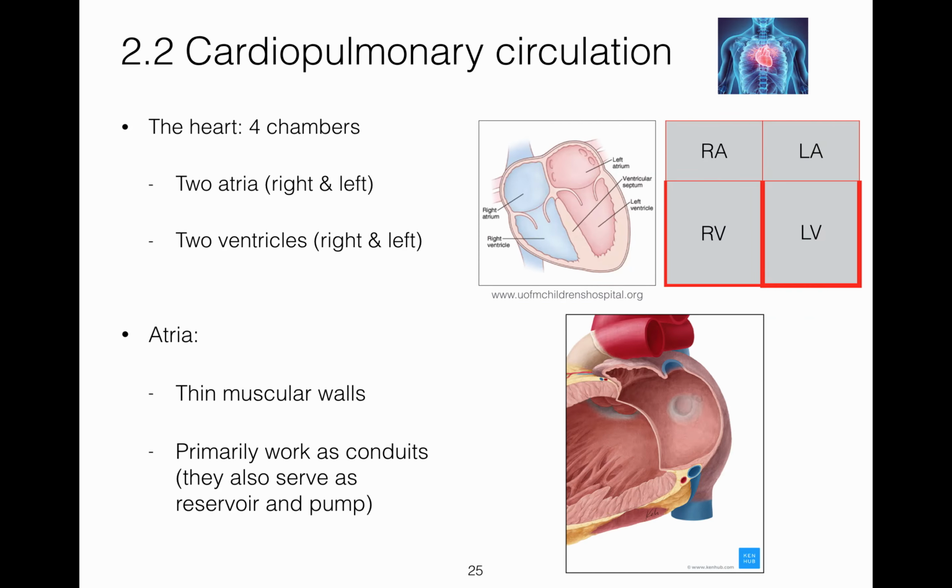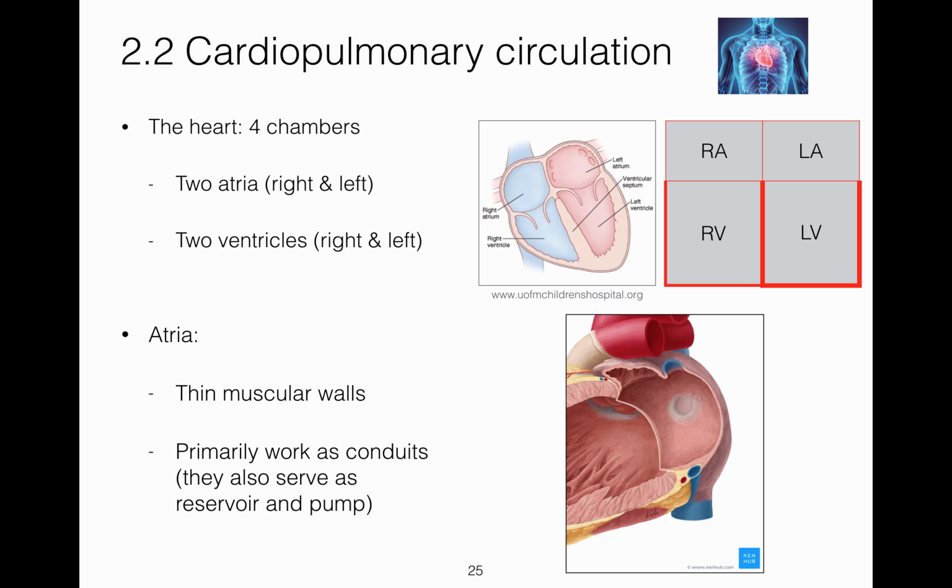The heart, the driving force of the circulation, has 4 chambers. 2 upper chambers, the right and left atria, and 2 lower chambers, the right and left ventricles. The anatomical features of the heart support its function.